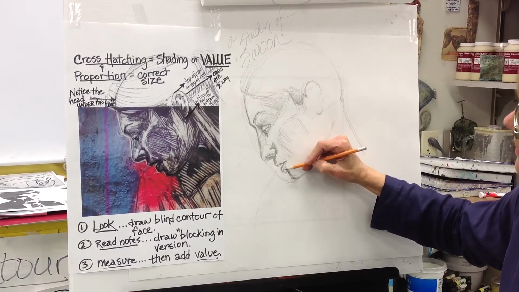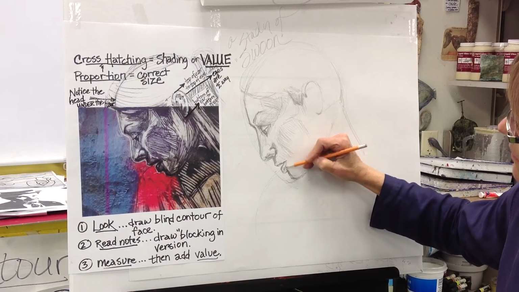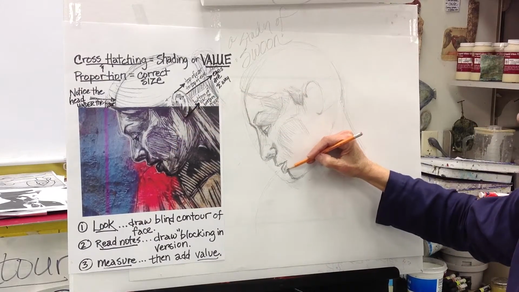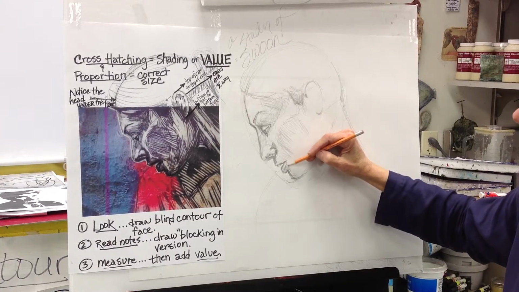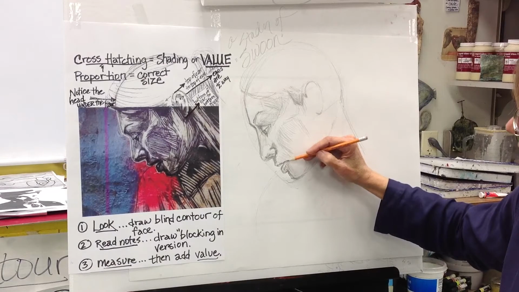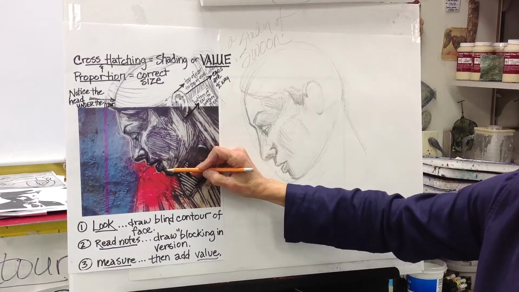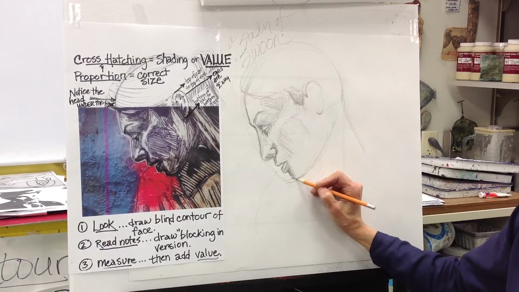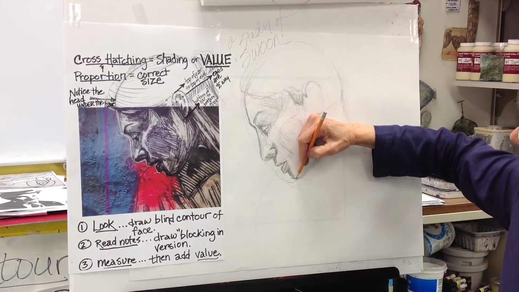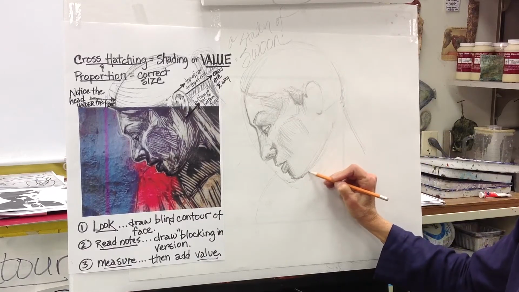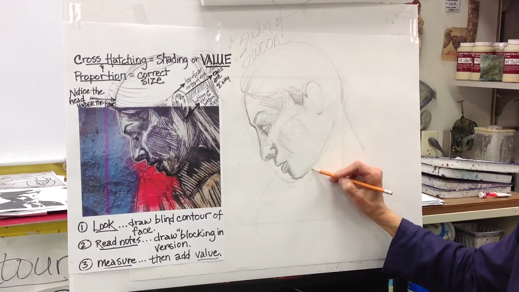Try not to outline the lips, that tends to flatten them, so we don't want to do that. Alright, and we're going to get this area pretty dark right here, because that is under the lip, the protrusion of the lip. Then I'm going to check out that bit of a square chin just on the very tip.